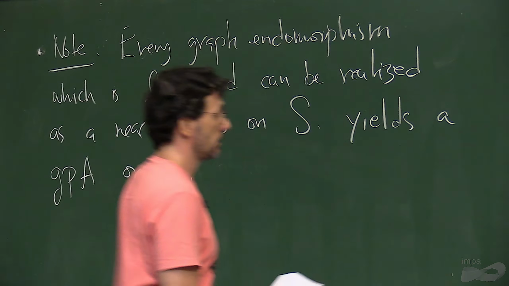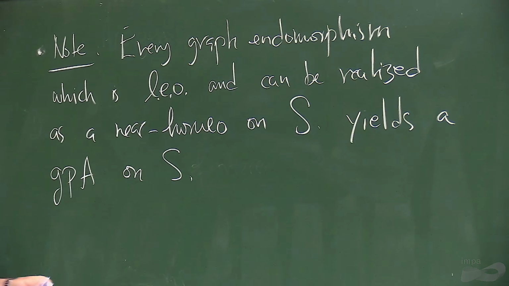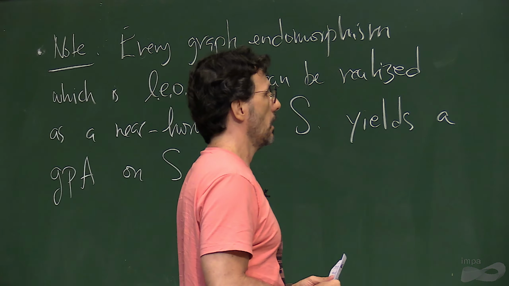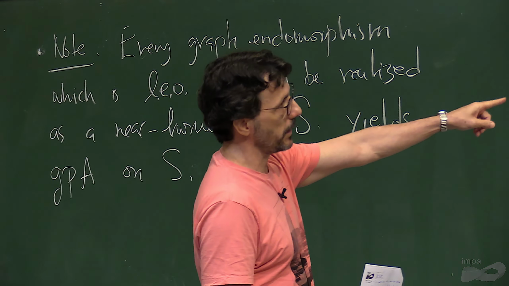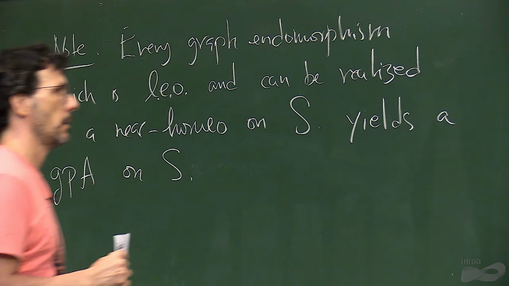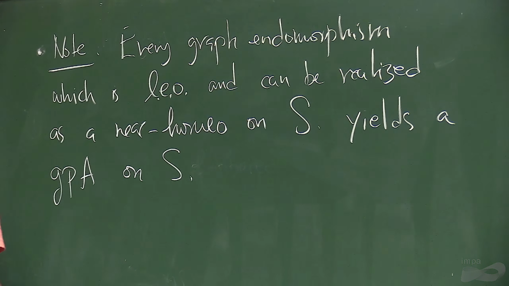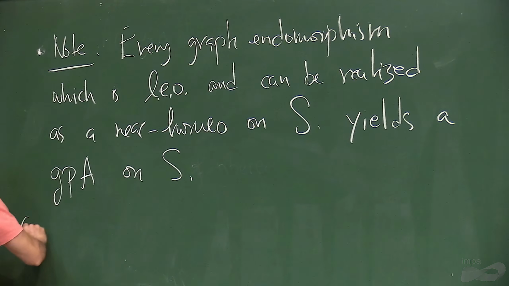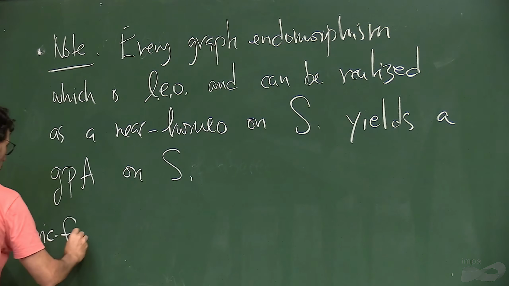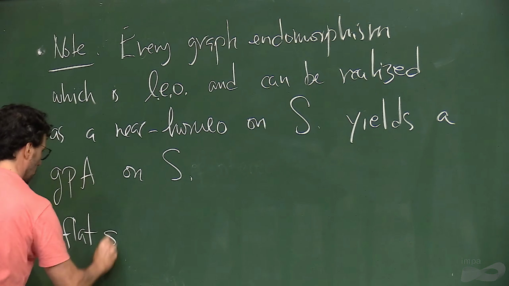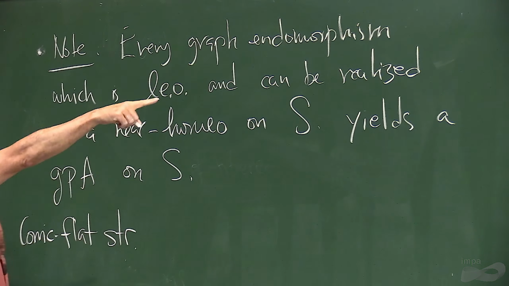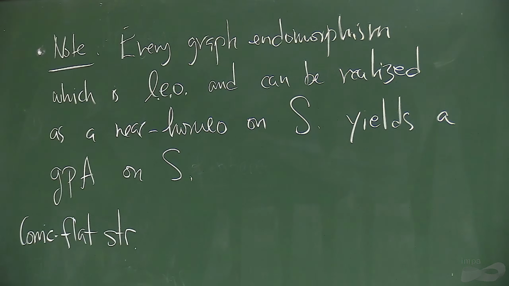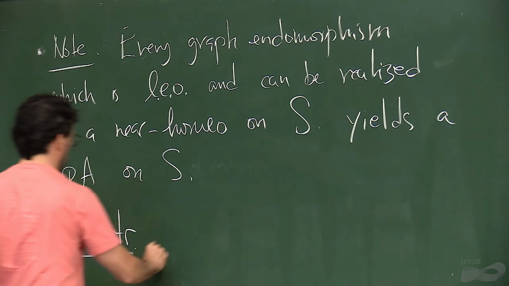All right, and so one more thing I'd like to say is that these conic flat structures, they are nice. With these well-defined horizontal and vertical directions, they are good for two things.